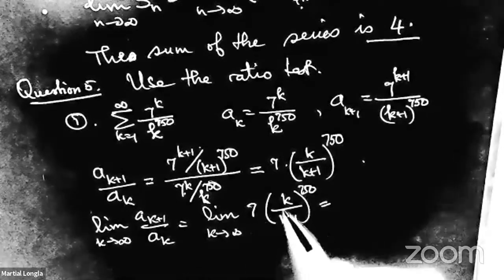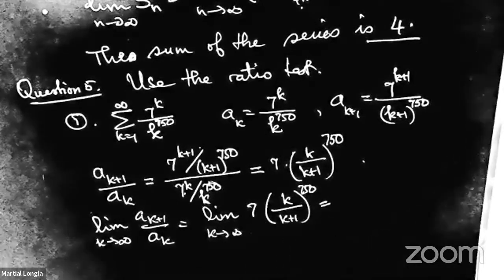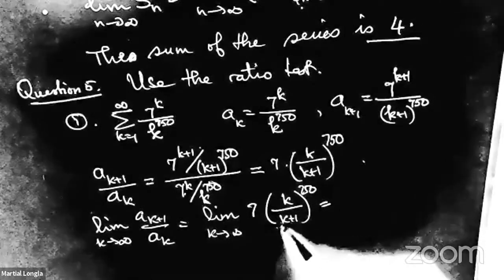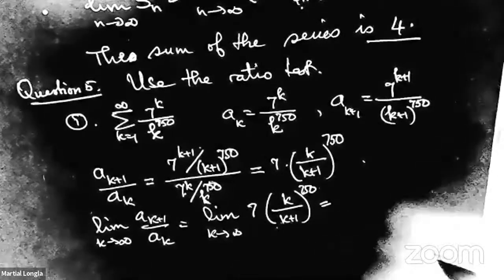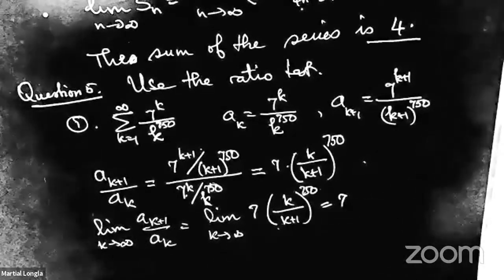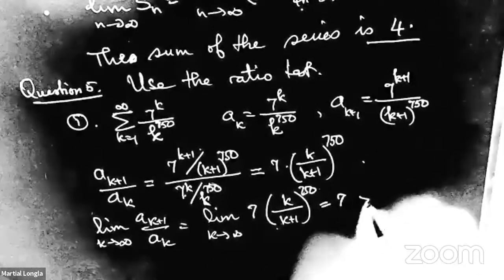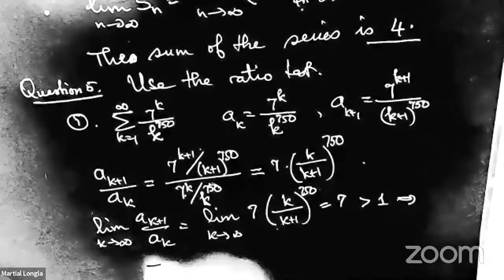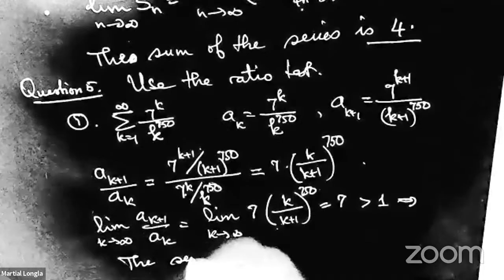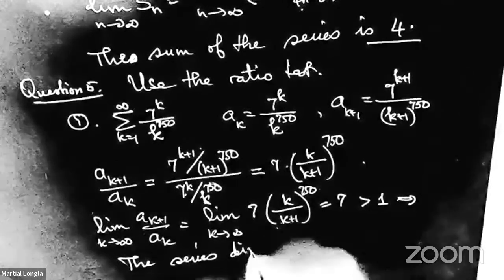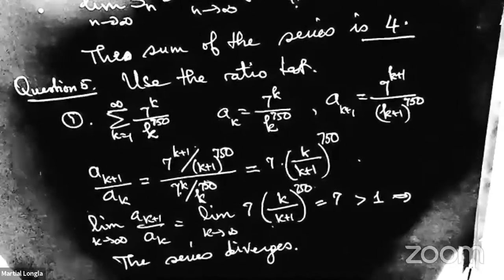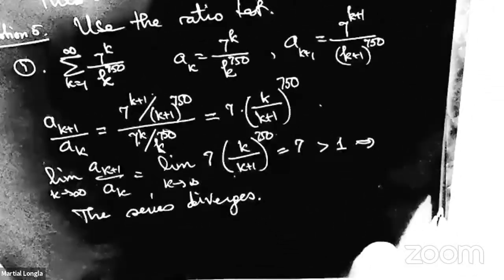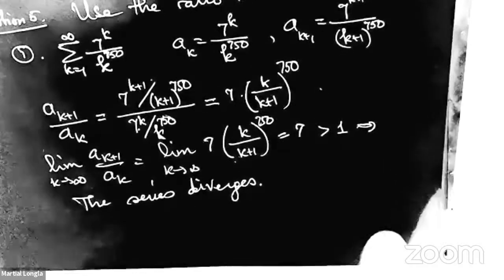Now, finding this limit, this is a ratio of polynomials. k over k is 1. 1 to the power 750 is 1. 7 times 1 is 7. So this limit is 7. And it is larger than 1. And because we are doing the ratio test, that means that the series diverges. Questions?